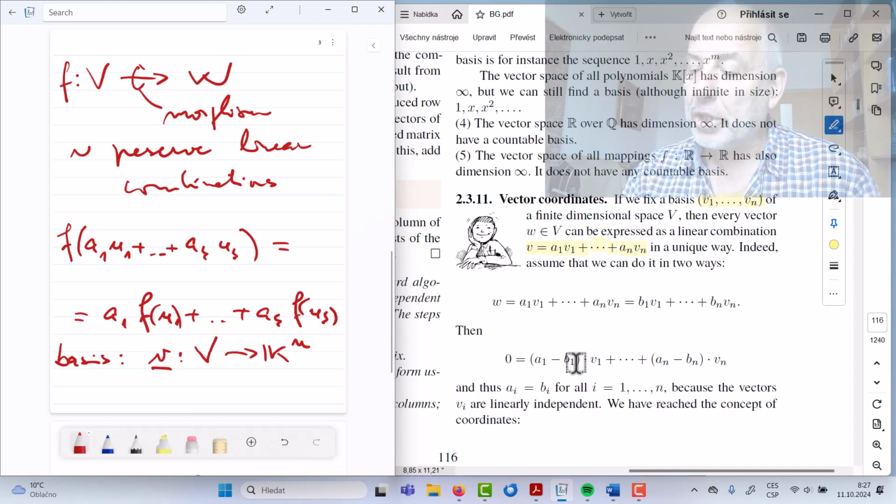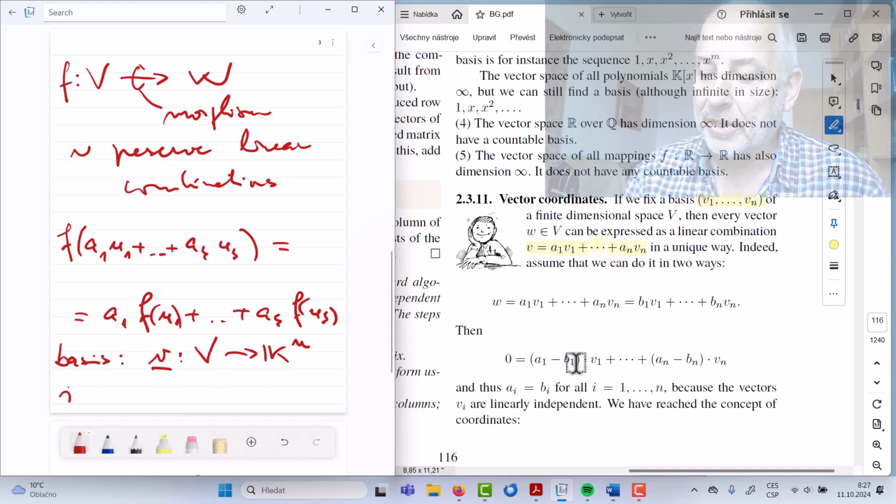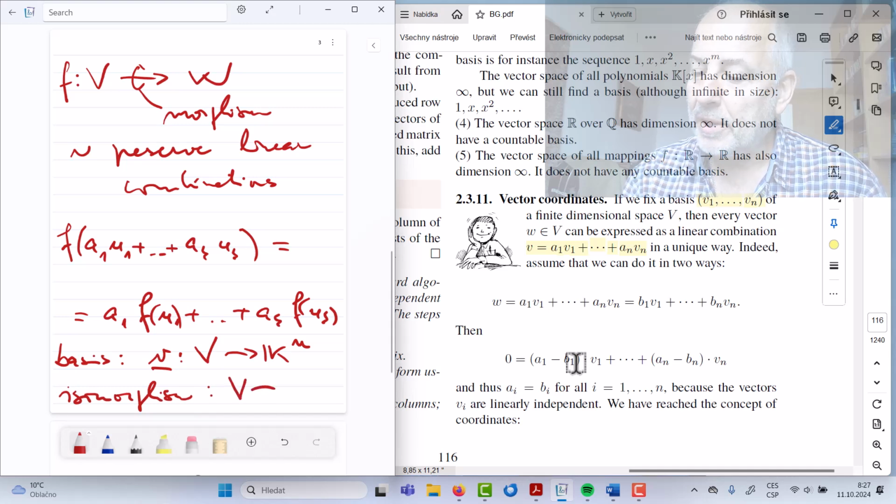So this is what we say: the choice of the basis is not only giving us the morphism, giving the coordinates, but it actually gives us an isomorphism, V isomorphic with K to the n.